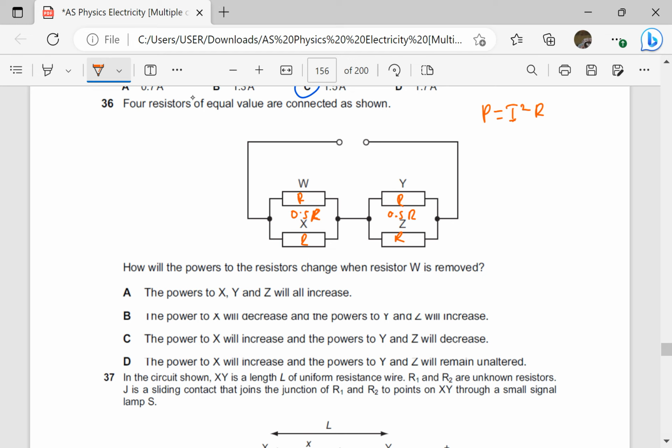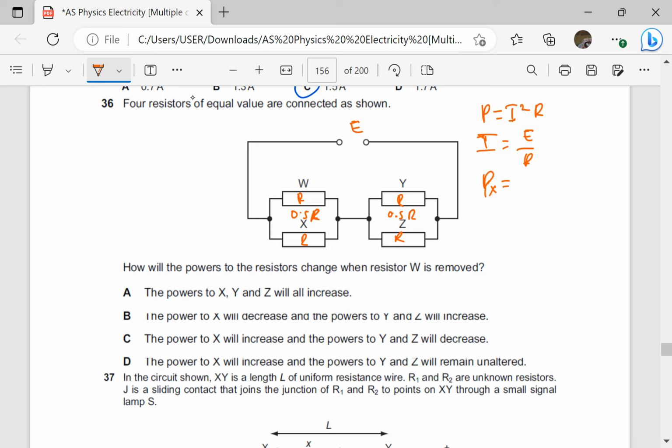In series, our total resistance here is going to be 0.5 R plus 0.5 R, so total resistance is R. So I can find the current. Let the EMF of the battery be E. The current is going to be EMF, E, over total resistance, R. I'll take the power in X alone.